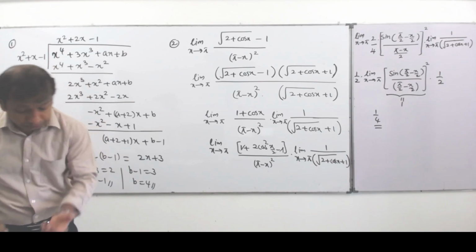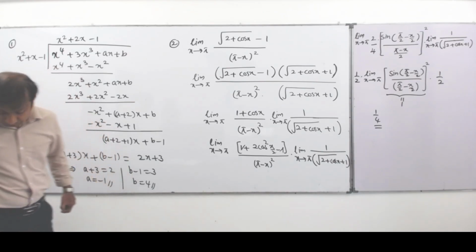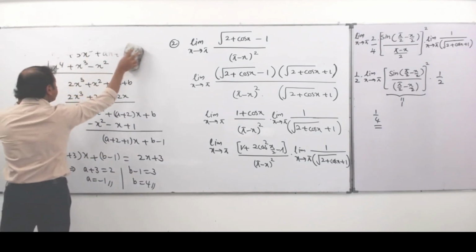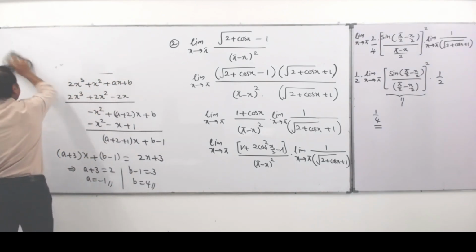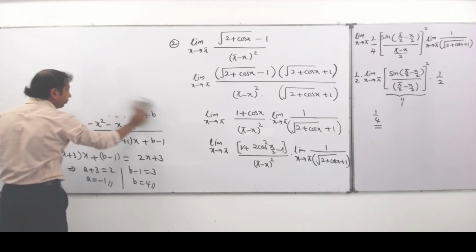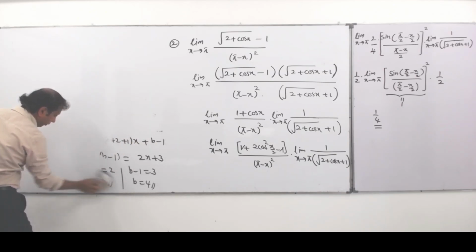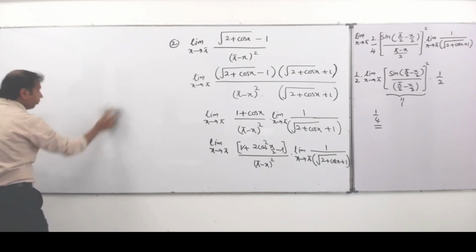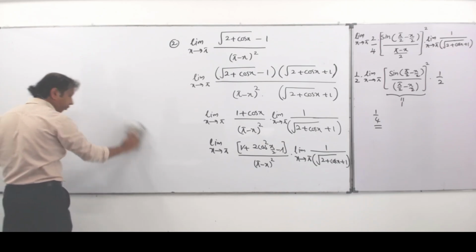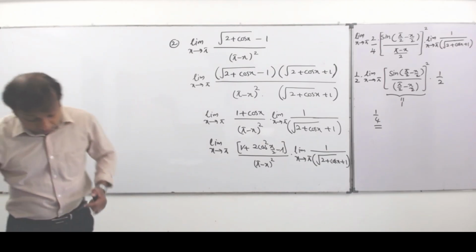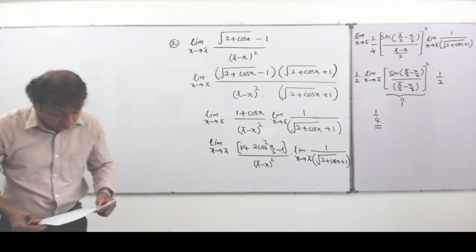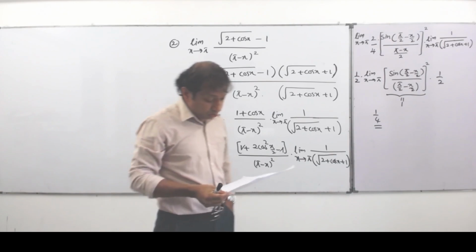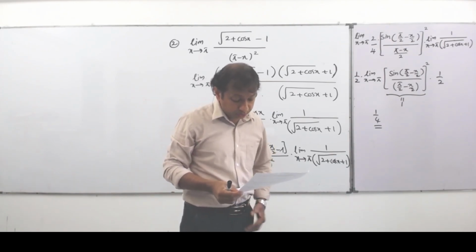Right. Third question, number 3. Yeah. The parametric equation of the curve C is given by x equals 6 cos 2t, y equals 2 sin t.